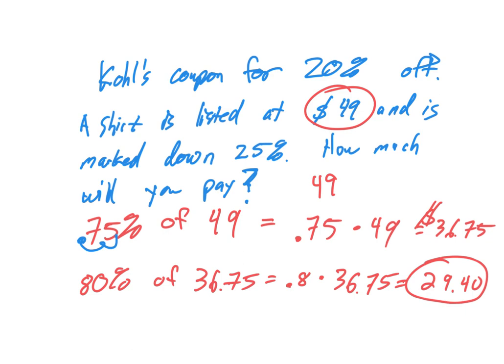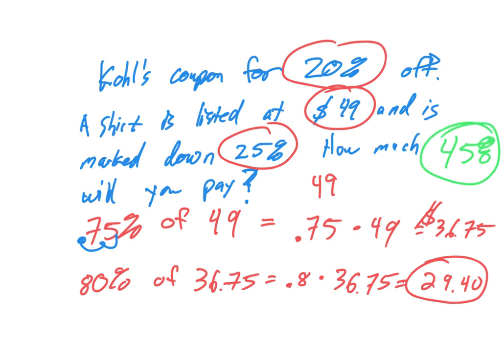A mistake a lot of people will make is they'll say, well, if it's 25% off and 20% off, then I'm actually getting it for, and they think, again, this is wrong, but they think that they would be getting it for 45% off, which is not true.